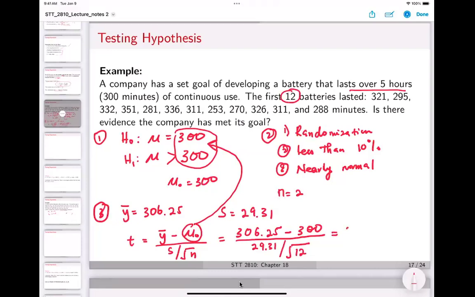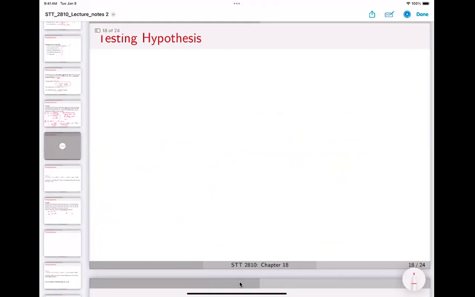I got 0.7386. So this is the test statistic.